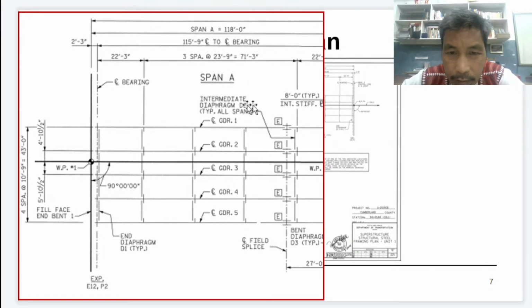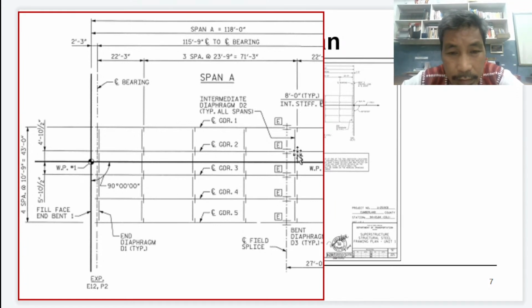This one, intermediate diaphragm D2, typical of all span. Okay, it is pointed there, so that is the diaphragm.